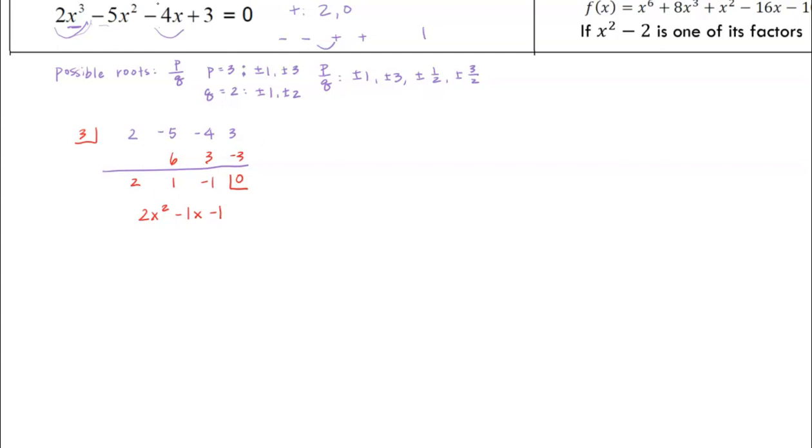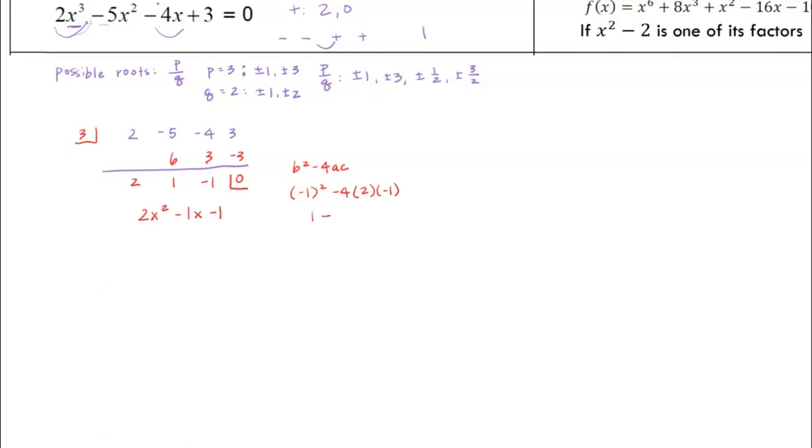Okay, now I can continue doing this, but I want to know if it's factorable, if it's going to give me rational roots. So I can use the discriminant part of the quadratic formula. And if that discriminant is a perfect square, then I know that it's going to be factorable.